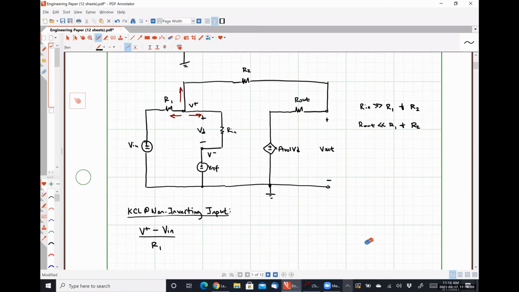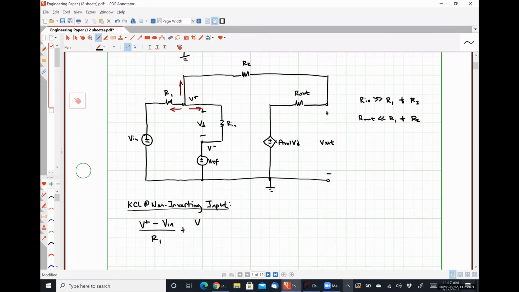My current directed through my feedback resistor is V plus minus Vout over R2.